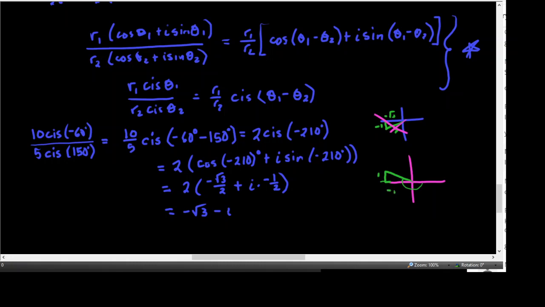This is negative square root of 3. And this is 2. And so what I did wrong was the cosine is negative square root of 3 over 2. However, the sine value is not negative 1/2, it's positive 1/2. That was my mistake. I apologize for that. Erase that little negative there. Get rid of that little guy. And so now all is right with the world.